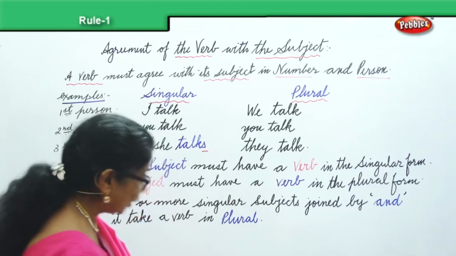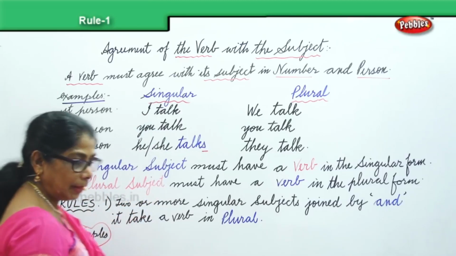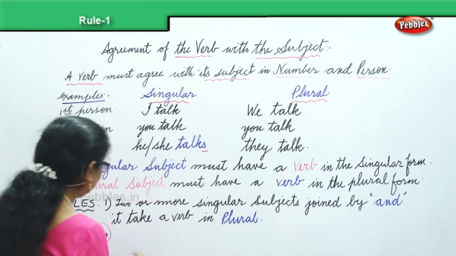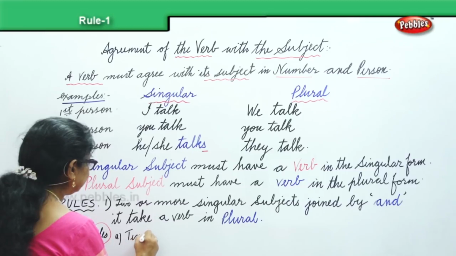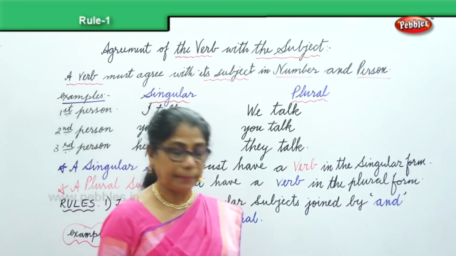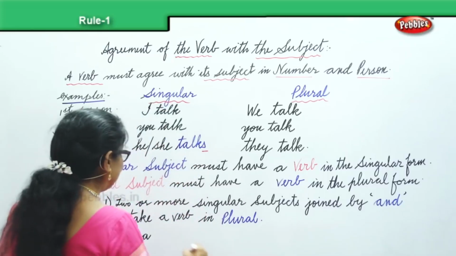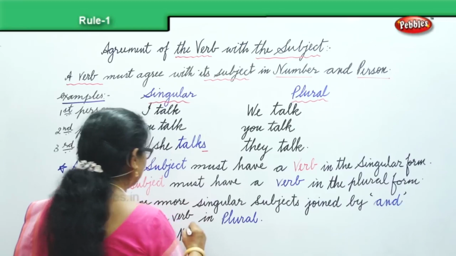here let's look at all the examples, two examples we have in this. And the first one is Tina. Tina is a singular subject. And Meena. Tina, Meena.